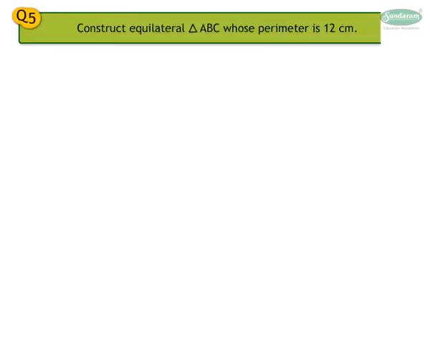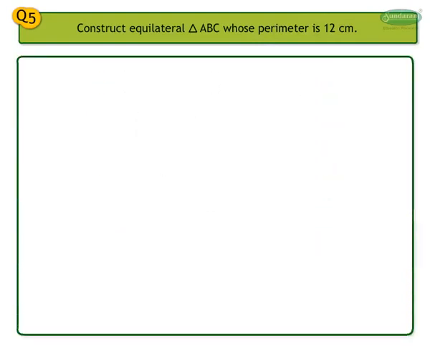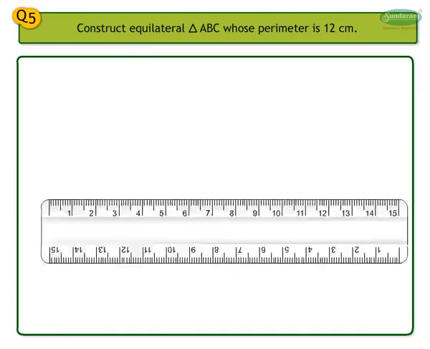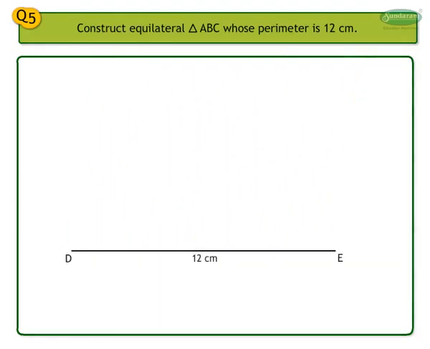Construct equilateral triangle ABC whose perimeter is 12 centimeters. Let us see the steps of construction. Draw segment DE of length 12 centimeters because perimeter is given as 12 centimeters.